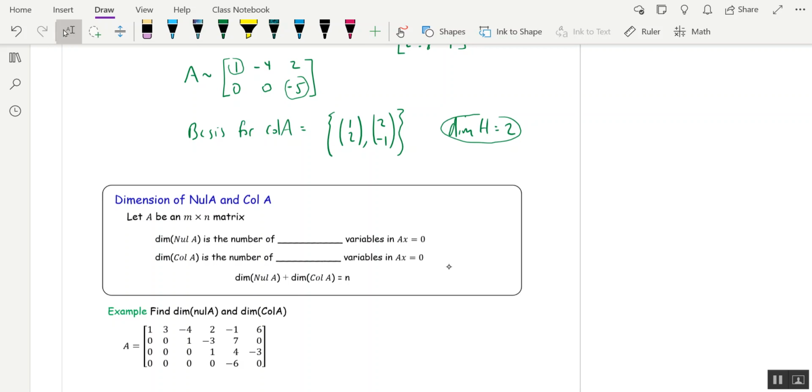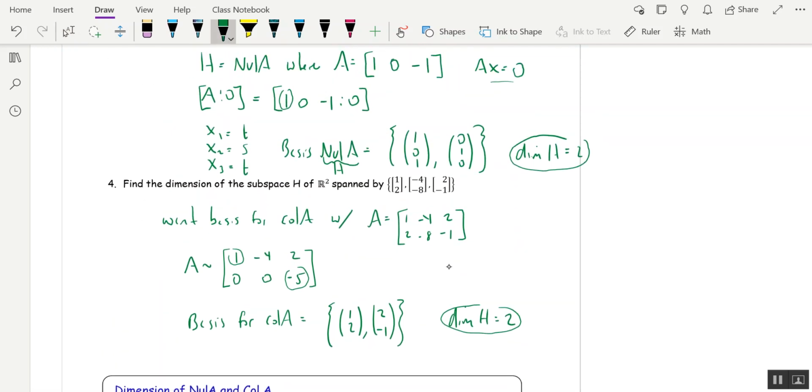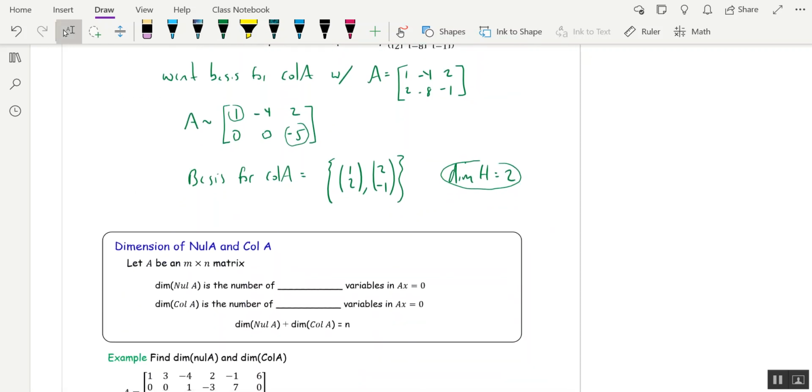The way you get vectors in a basis for null A is each parameter in the solution to AX equals 0 gives you one vector, and you get one parameter for each free variable. So dimension null A is the number of free variables in AX equals 0.